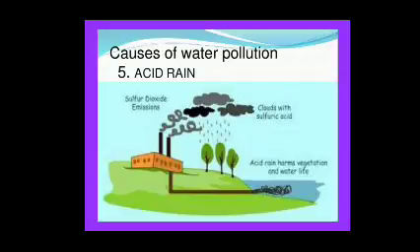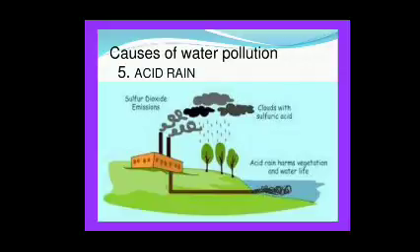Acid rain is found due to the presence of oxides of sulfur and nitrogen released by combustion of fuels, emissions of industries, power stations and automobiles. It releases from industries and automobiles. It causes an acidified environment.